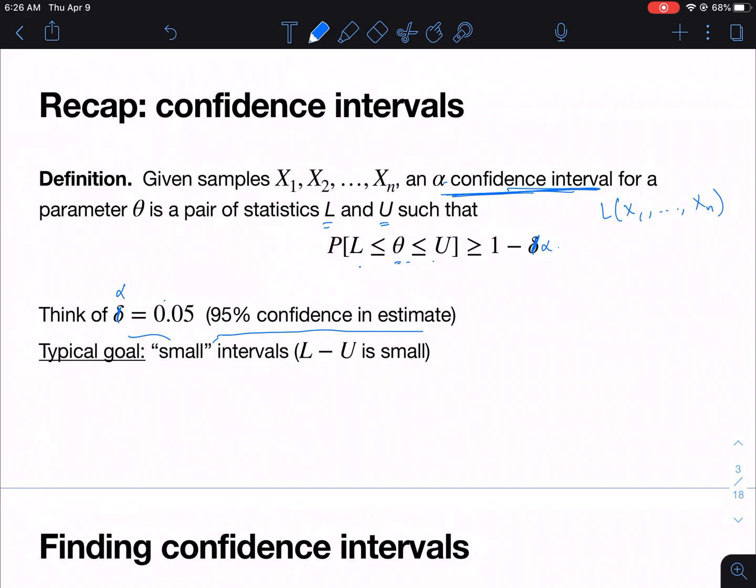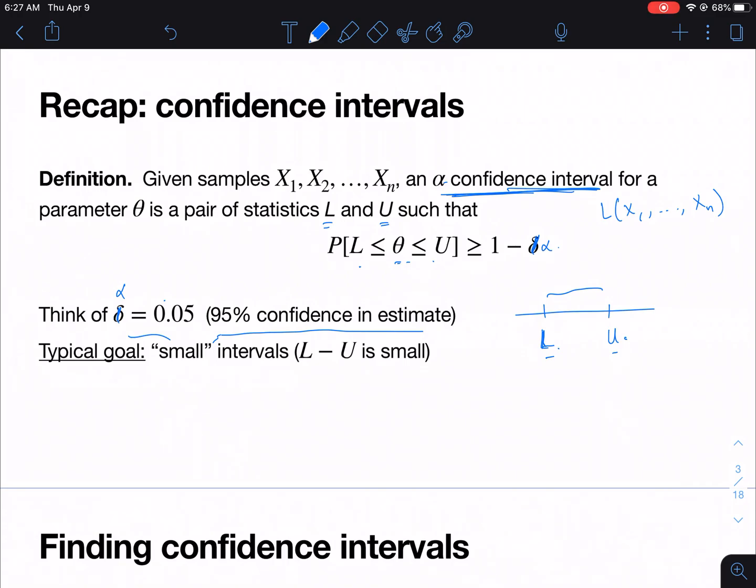So maybe there is some unknown parameter theta, and you say that okay, here is one statistic L, here's another statistic U that you can compute from data. Things only make sense when L is smaller than or equal to U. And you say that the probability that theta lies in this interval L to U is very large.